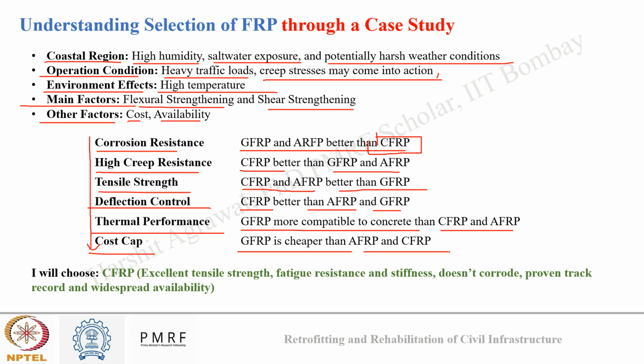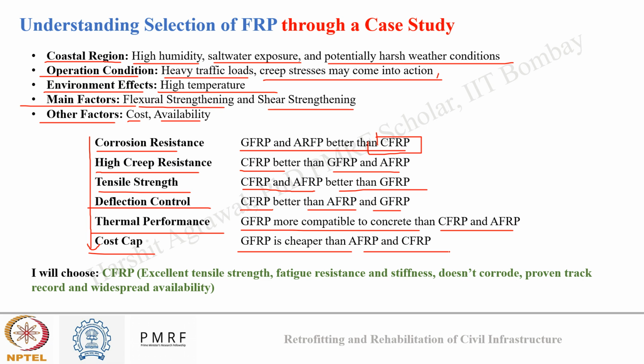Now, from this slide, you will see there's a lot of confusion. So what needs to be done? You need to scale each parameter by a certain amount, based on how important each parameter is to the practitioner, to the site, or to the bridge.